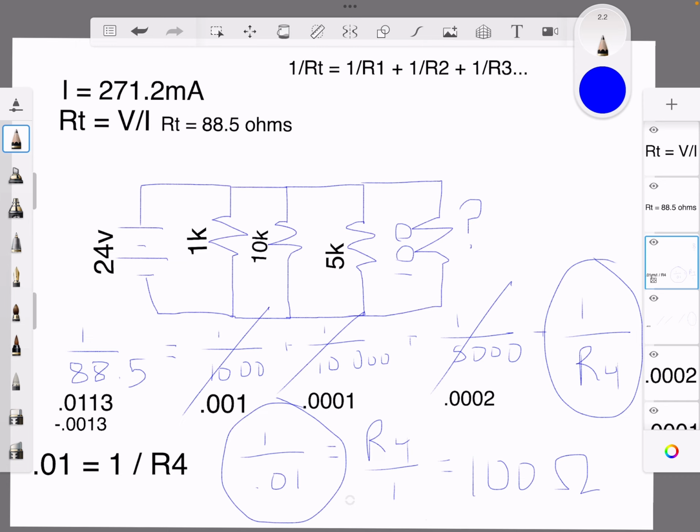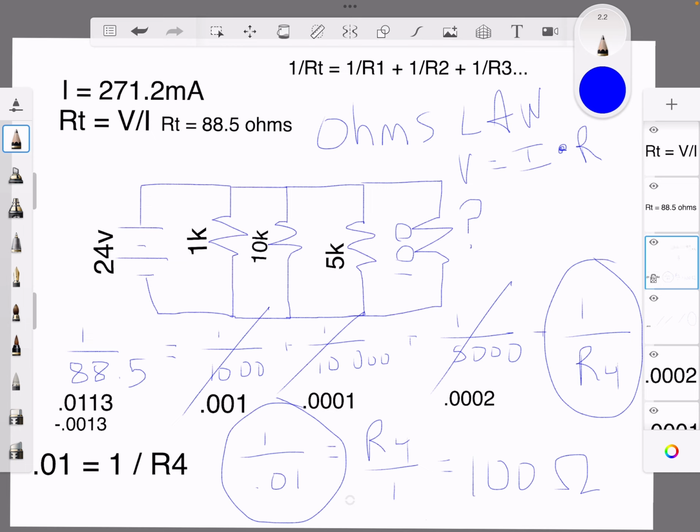That is our missing link, 100 ohms. You can go back and check your math if you want to, but that is how you do these problems. You use the formulas that you have. So that's Ohm's law. Ohm's law is voltage equals current times resistance. And you can make that into any form you want.